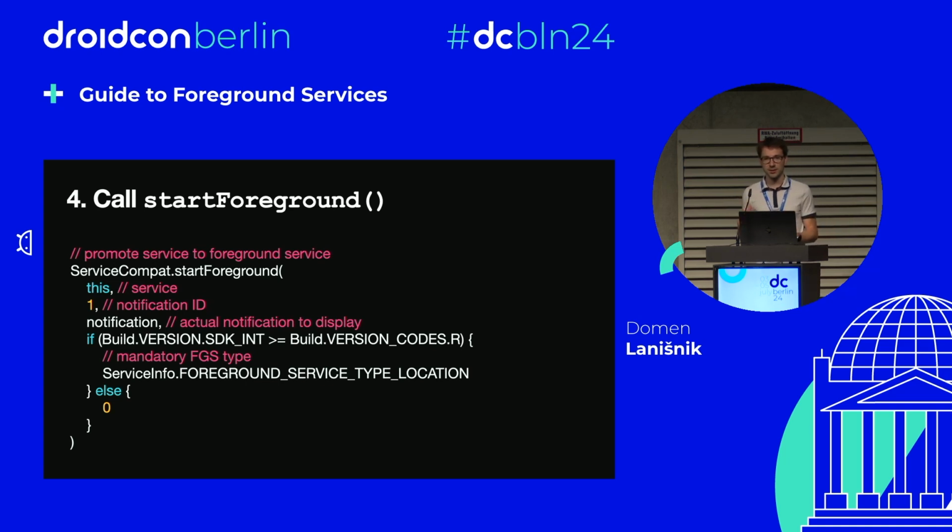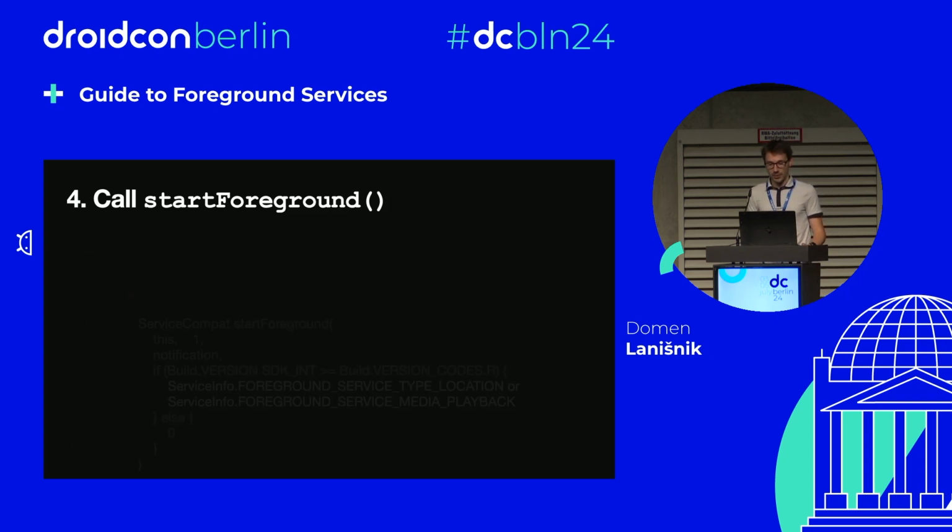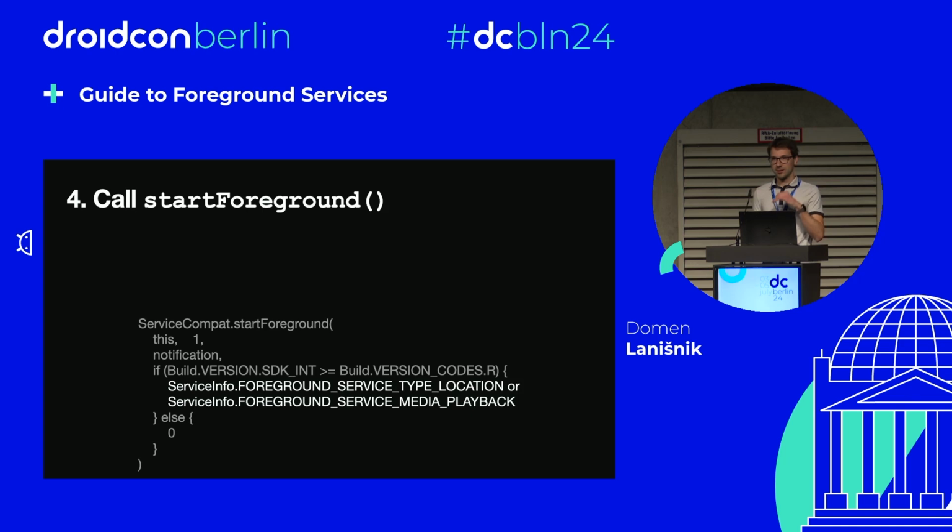Historically, for this flag you could pass in a 0, which is the foreground service type, but now from Android 14, you have to actually pass in the foreground service type. If your service implements multiple types, then you can pass them in using the OR operator. So basically same as in the manifest where you use the pipe operator.